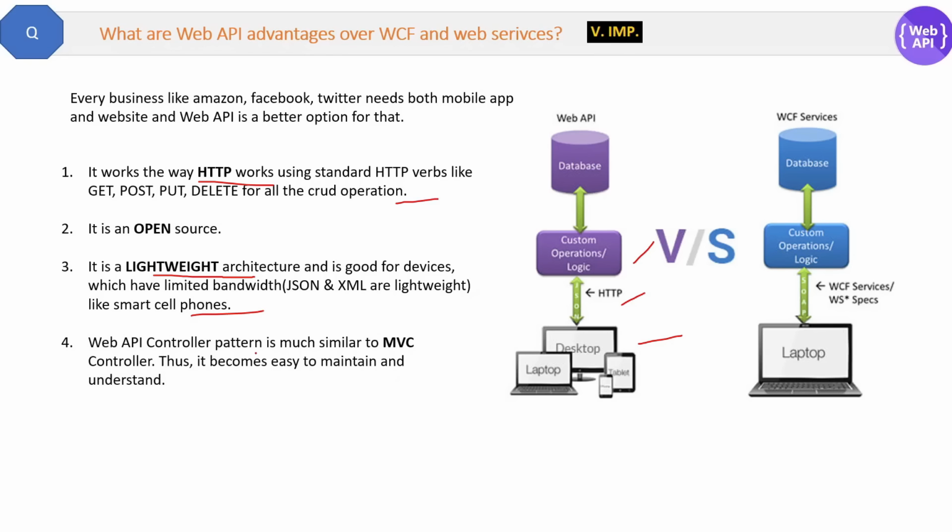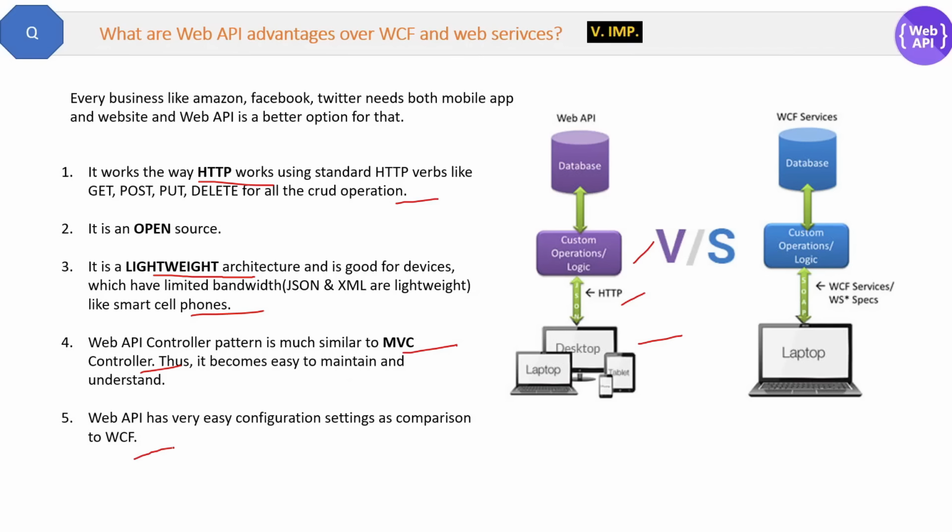Web API controller pattern is very similar to the MVC controller. Therefore, it is easy to maintain and understand because it is very much similar to MVC. That's why Web API is also preferred. Next advantage is Web API has very easy configuration settings in comparison to WCF.